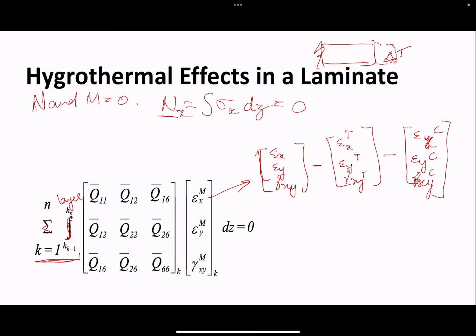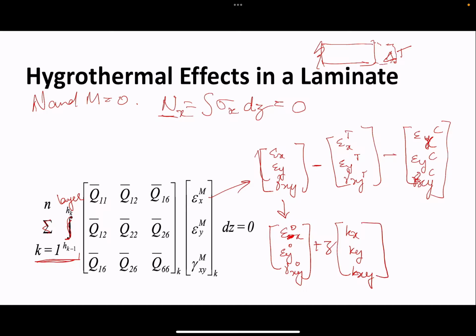So we know this already, right? And then we also know that your total strains is actually a combination of mid-plane strains, epsilon x naught, epsilon y naught, and gamma xy naught, plus z times kappa x, kappa y, kappa xy. This we already know. So if you make all the substitutions, you will see how many terms?